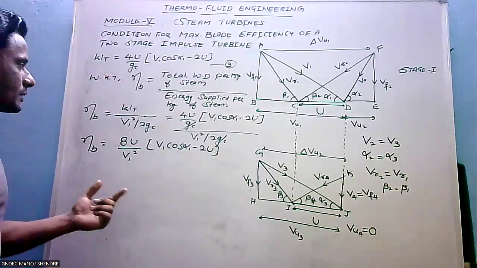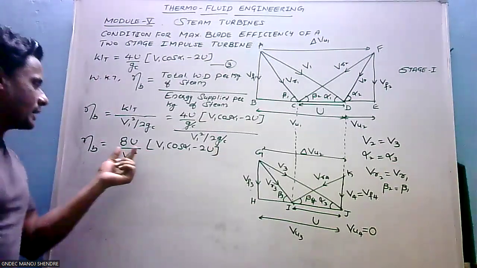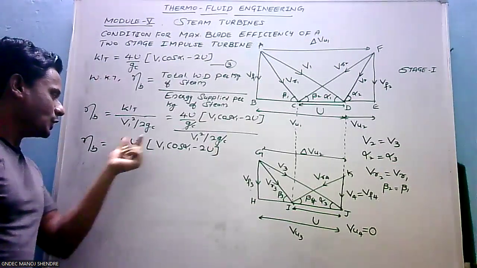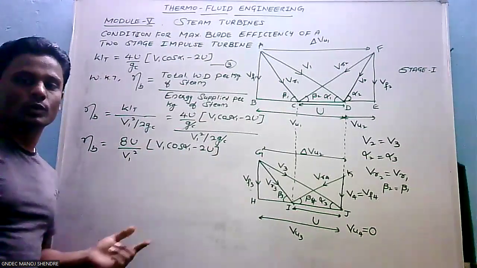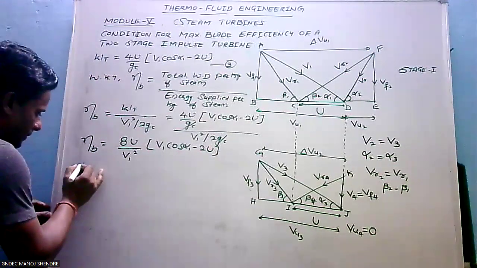Now let us open the bracket by multiplying U and V1 square. Look at the board carefully.